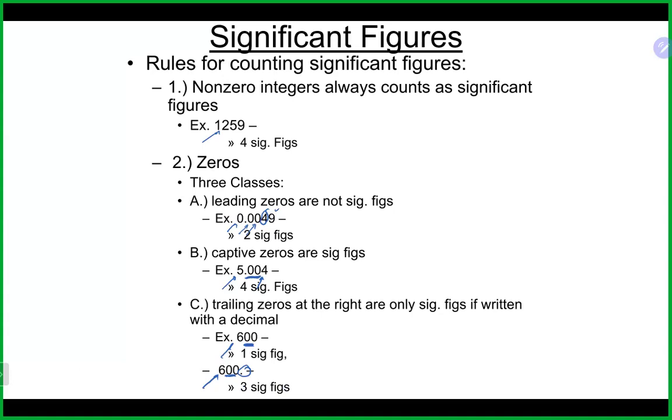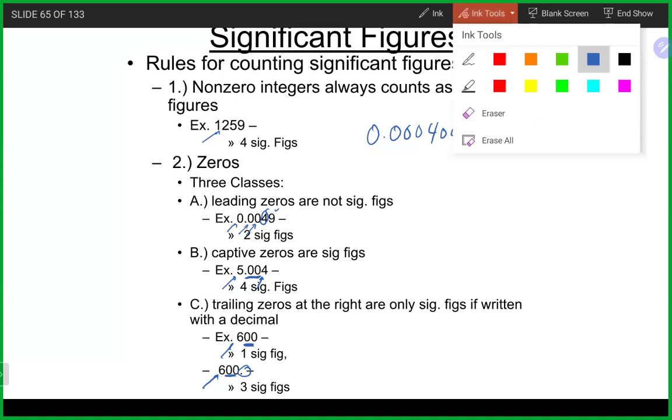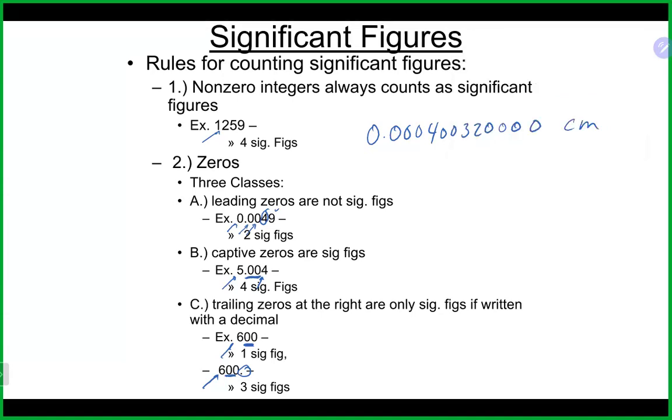Questions on that? Now, if I have 0.00040032000, call it centimeters, how many significant figures would this one have? What do you think?